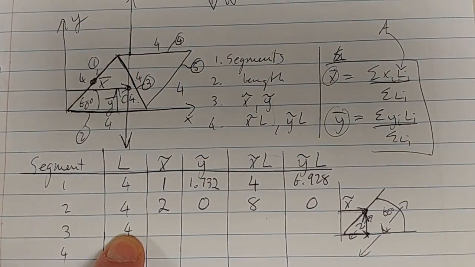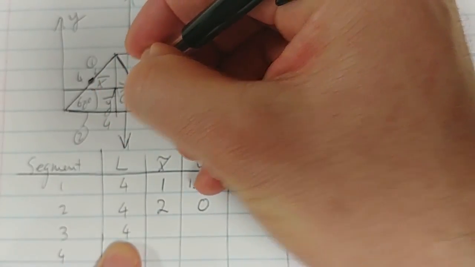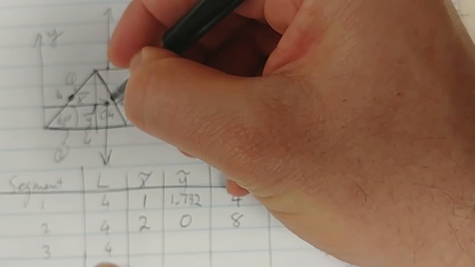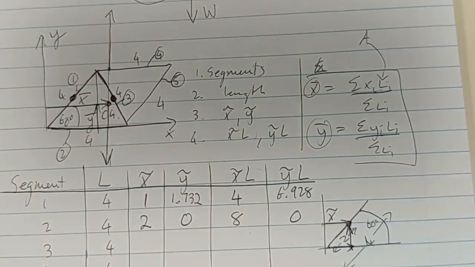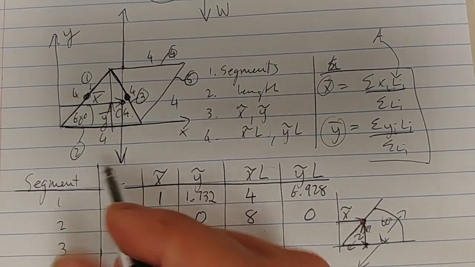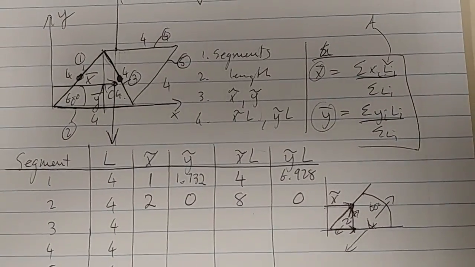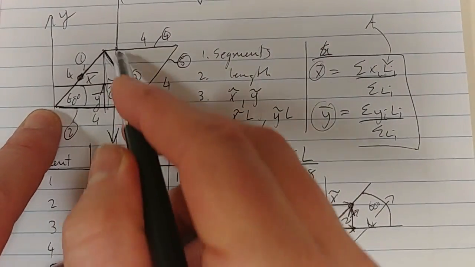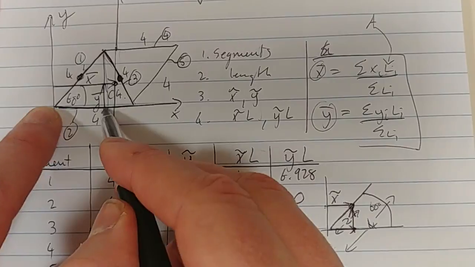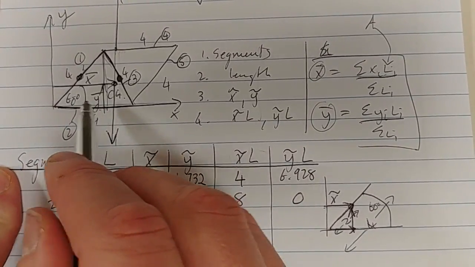What about this element here? We know the length is 4, and we know the location of the centroid is there. So how do I locate that point in terms of x and y? The distance from there to that vertex there will be 2. Don't look at my terrible drawing.